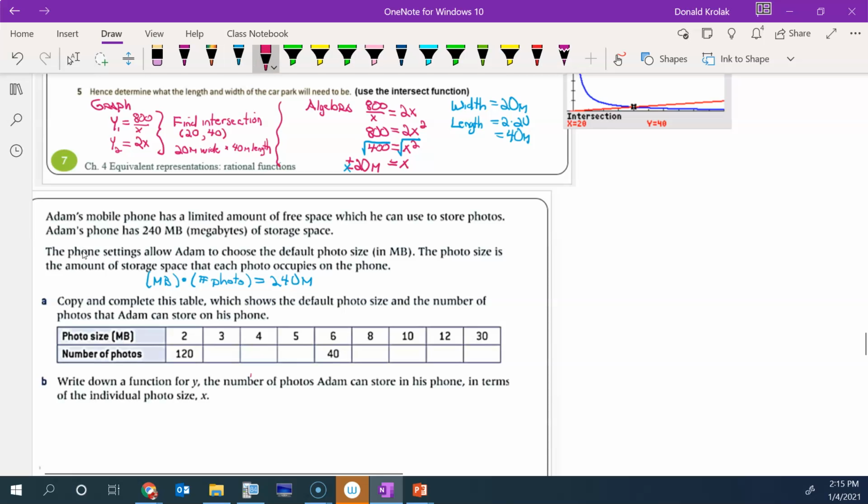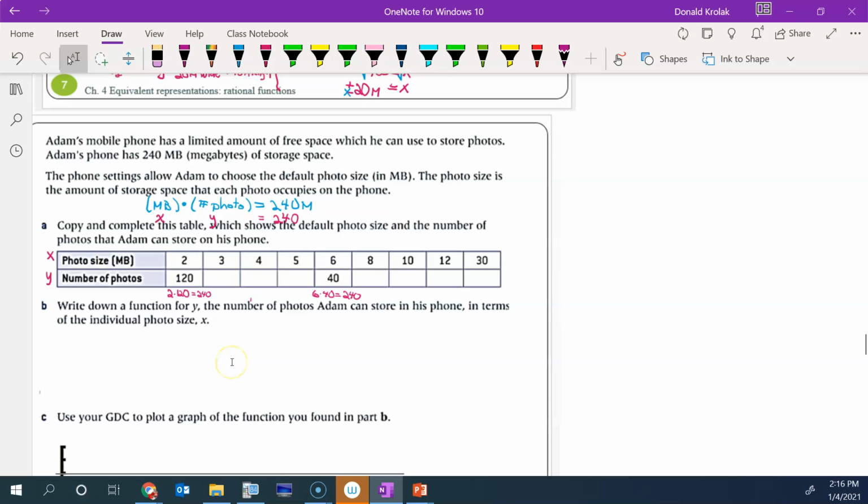Okay, so what we're going to do is we're going to let x equal megabytes and y equal the number of pictures. And there's your equation. This is x, this is y. And when you multiply them, you're always going to get 240. So that allows you to fill in the table.